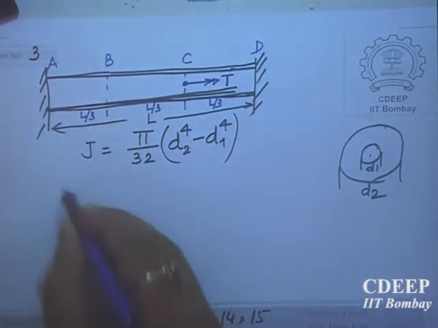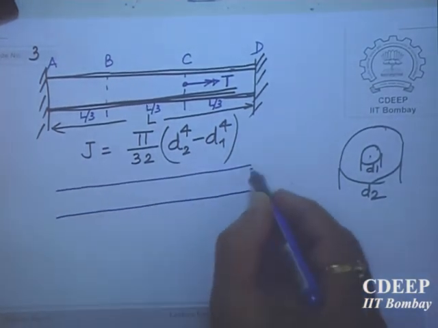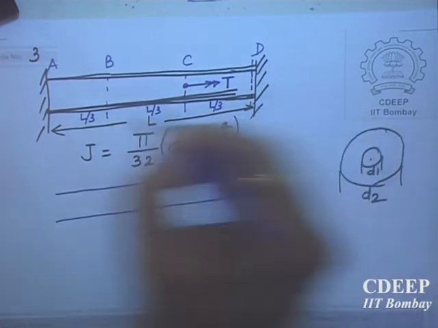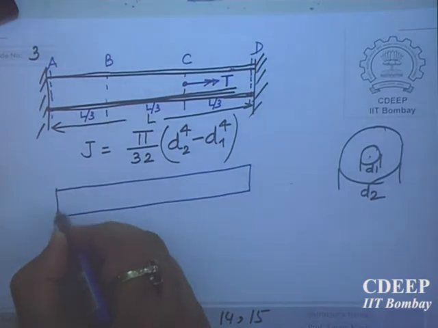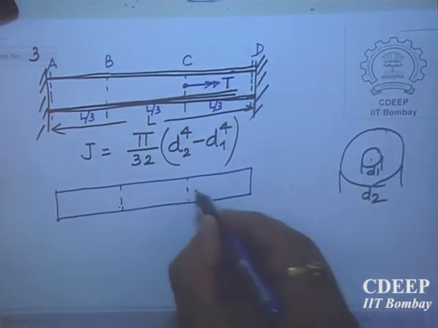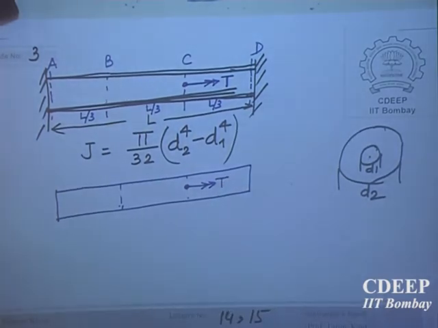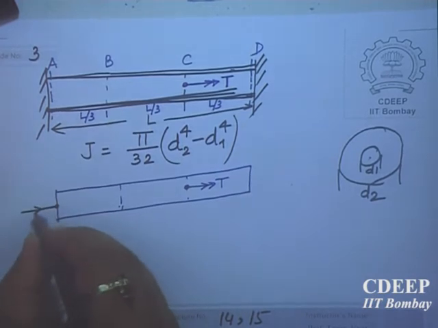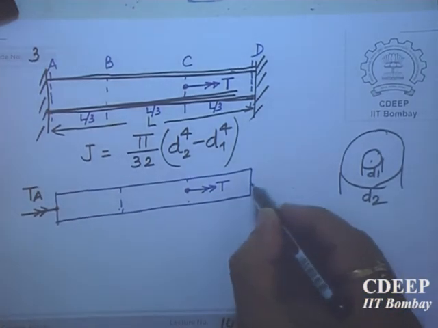Now the free body diagram of this: I am cutting it very close to the support. At this 1/3 point, you have the external torque, and this must be resisted by A. Let us call this TA here, as well as TD here.